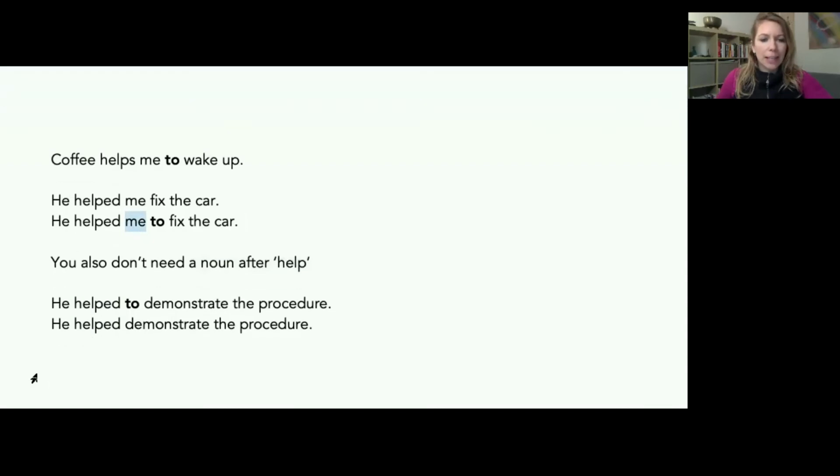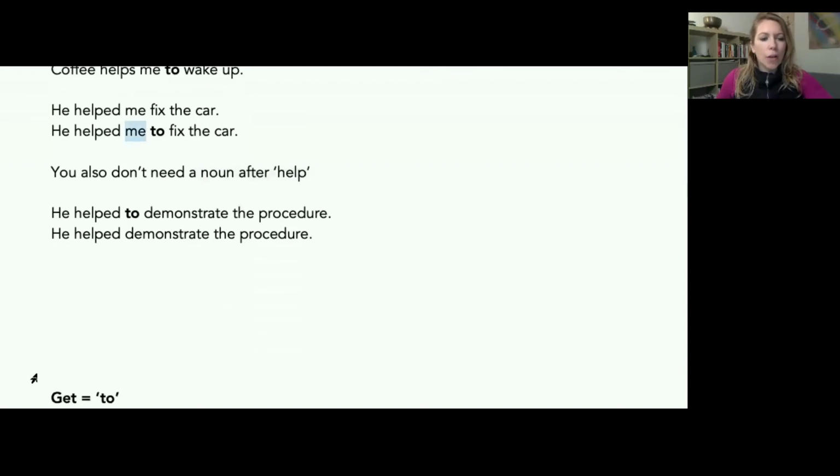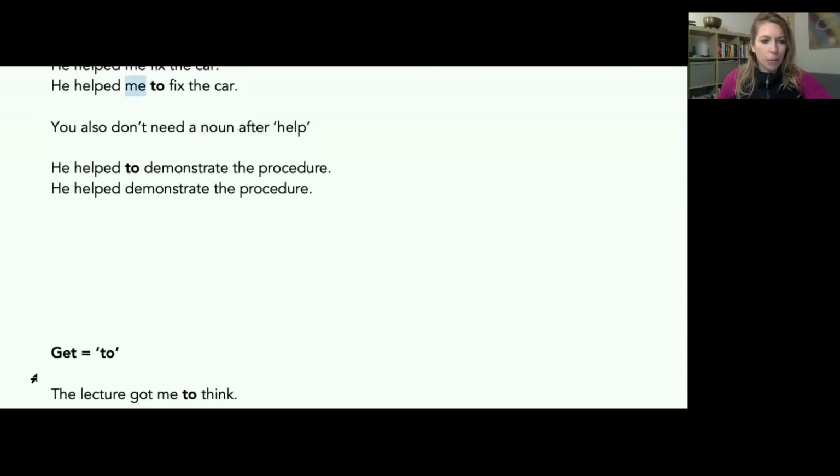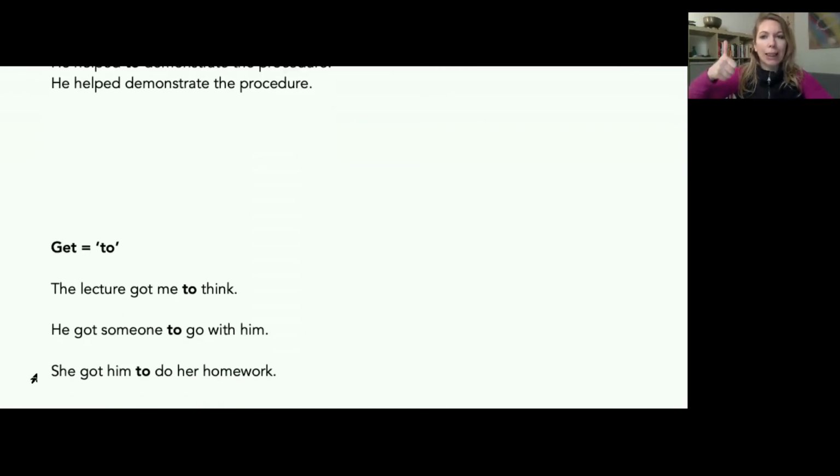Okay, let's move on to those other verbs that are going to get a to, and they need a to always. So remember, let, make, have, let it be, let it go. They don't have a to. But if we look at this word, get, we use it in the causative sense, it's going to have a to.